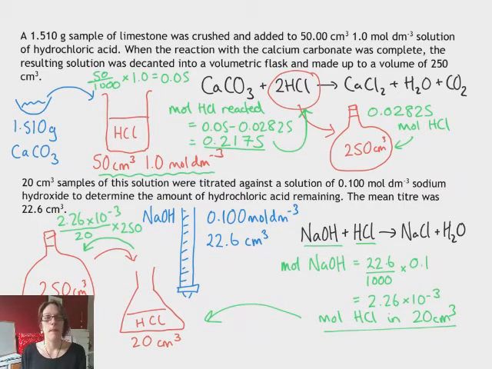So we're now going to write that down on a separate page because we've got very, very crowded here, so that we can get to our final answer of percentage calcium carbonate by mass in the sample. So far we've worked all the way back to how much acid reacted with the calcium carbonate that was in the sample.